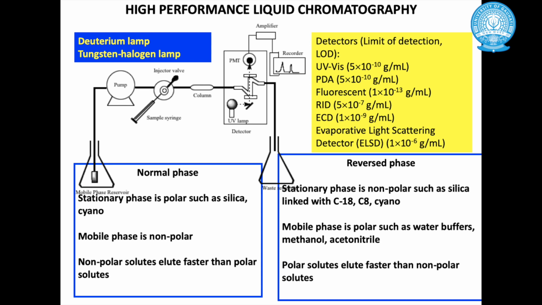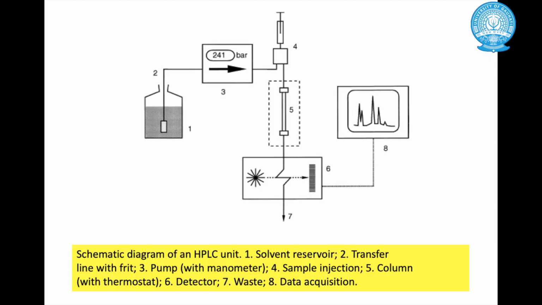In the olden days, normal phase columns were used, in which the stationary phase is polar, such as silica, cyano, whereas nowadays reversed phase columns are being used, in which the stationary phase is non-polar.